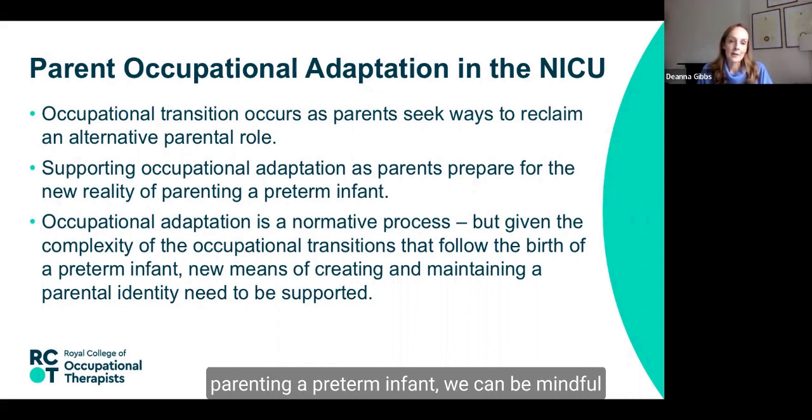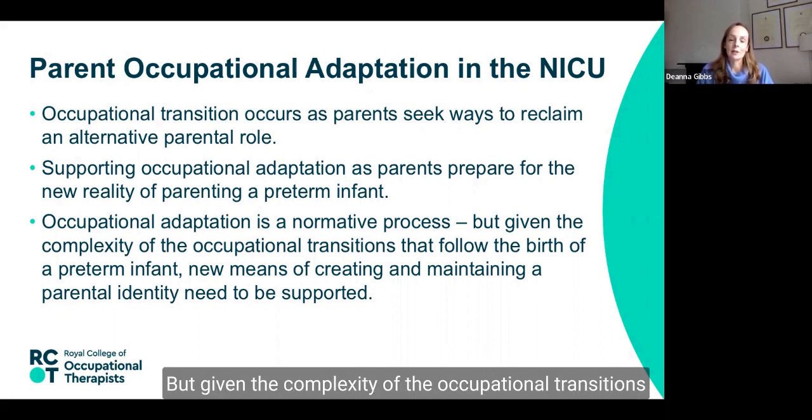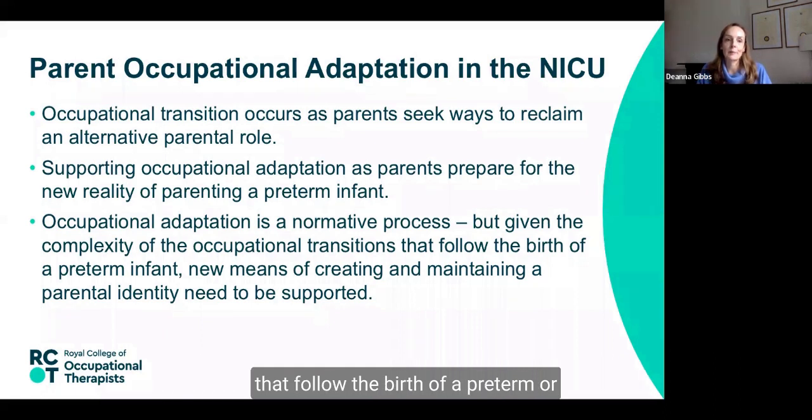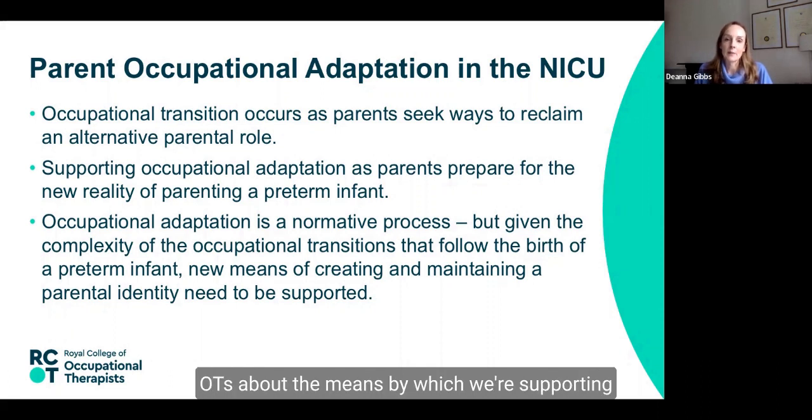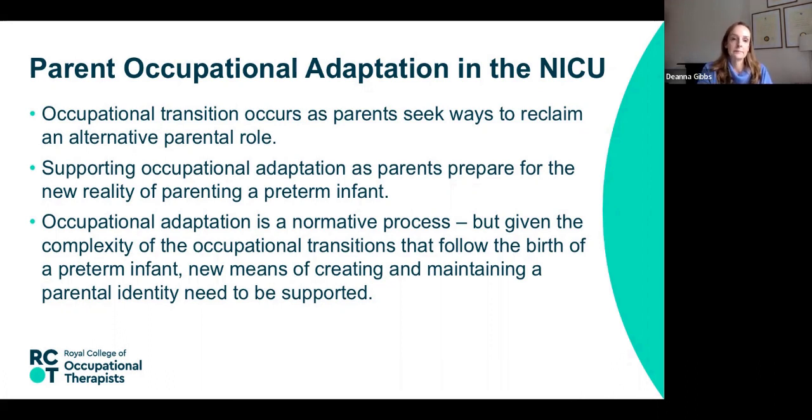We can be mindful that adaptation is a normative process, but given the complexity of the occupational transitions that follow the birth of a preterm or high-risk infant, we need to think as OTs about the means by which we're supporting parents to create and maintain this new sense of parent identity, who they are as a parent, how it's important for them and what it means for them to engage in those activities.